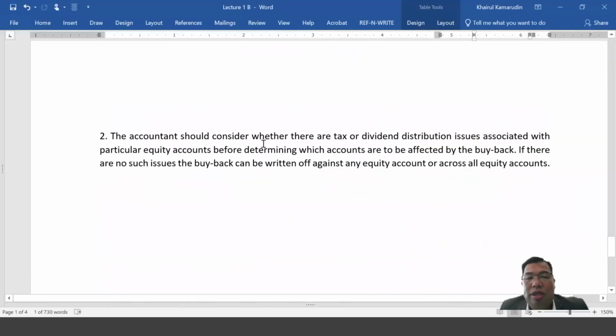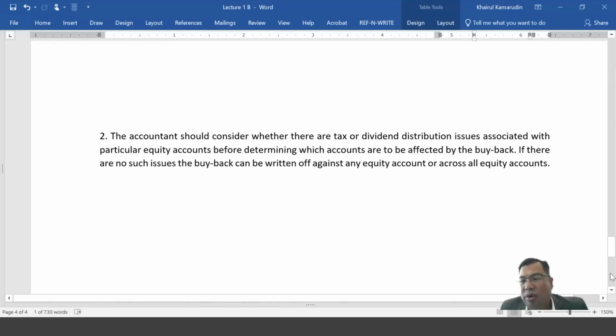So the accountant should consider whether there are tax or dividend distribution issues associated with the particular equity accounts before determining which account is affected by the buyback. If there is no such issue, the buyback can be written off against any equity account or across all the equity accounts.